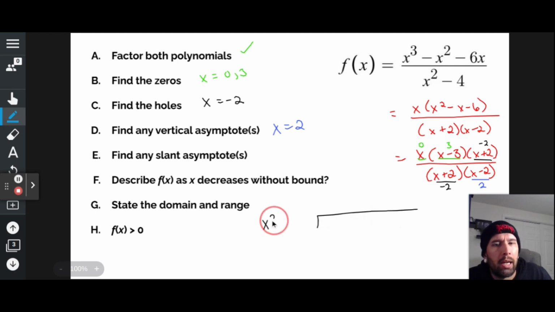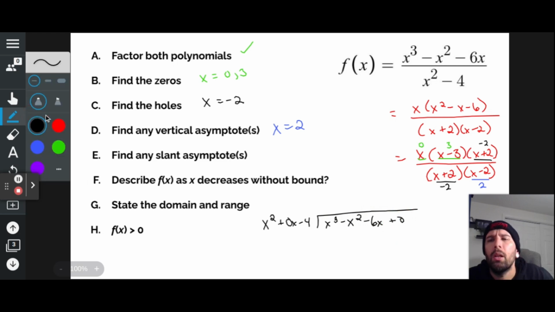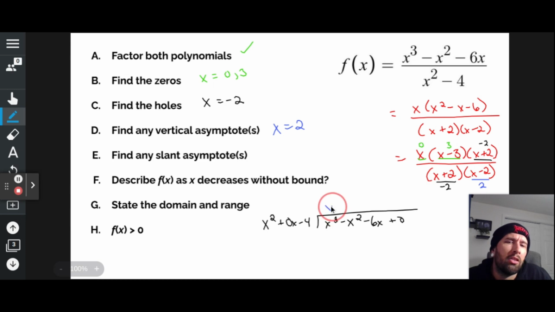So x squared plus 0x, can't forget that, -4. We're going to divide x cubed minus x squared minus 6x, and I'll throw in a +0 for good measure. Now this won't be so bad. X squared goes into x cubed x times.